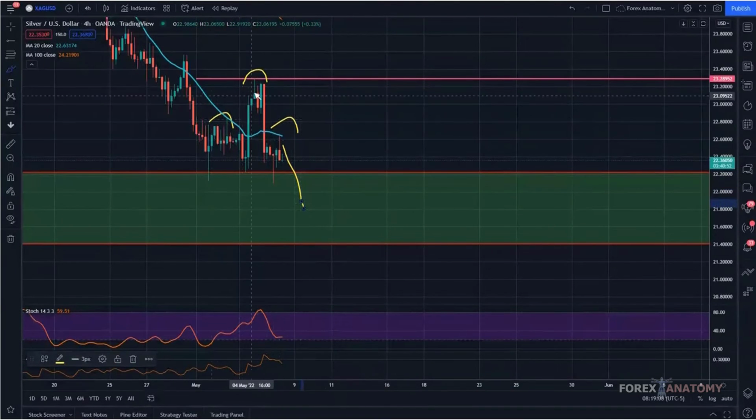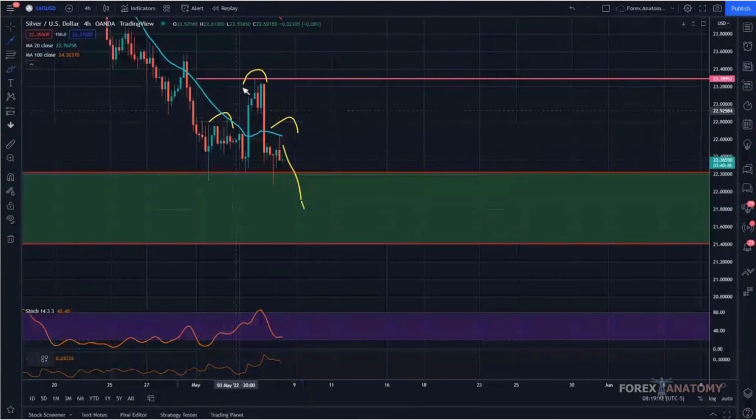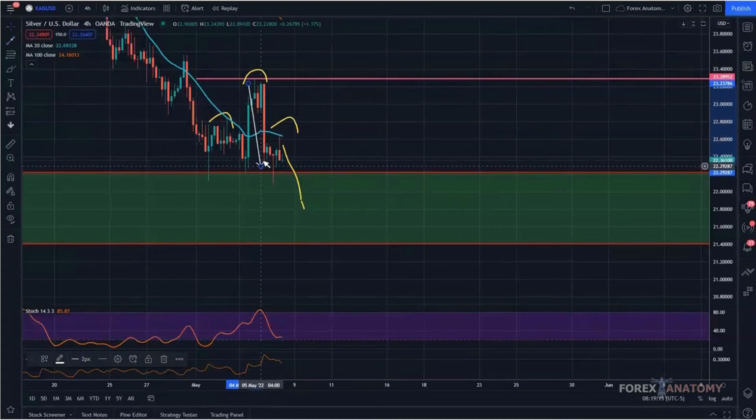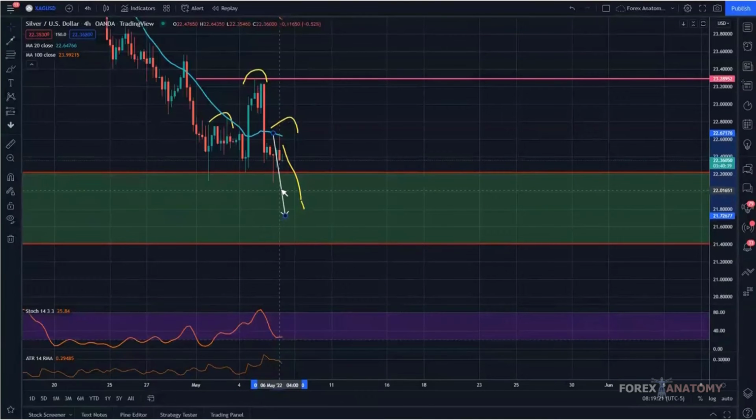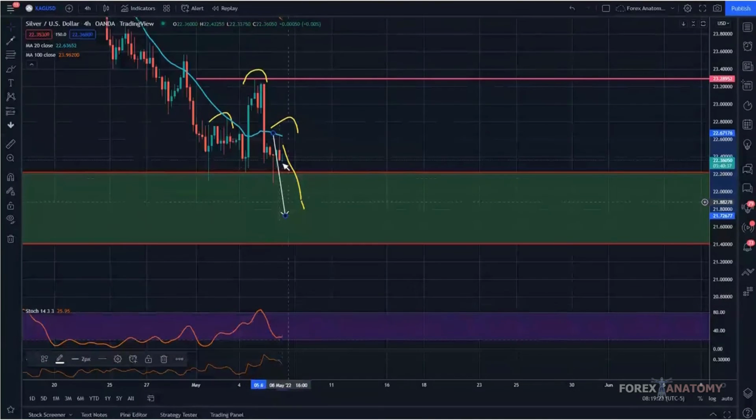It can give us a nice measured move expansion to the downside. In other words, from here to here, and we can see price expand all the way down into this zone, a little bit deeper into this zone. So then there's a possibility for this to slide downwards as well.